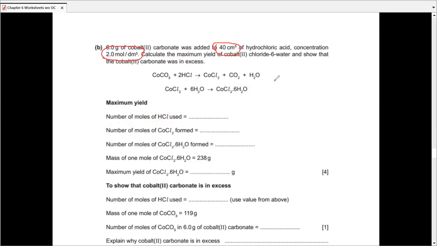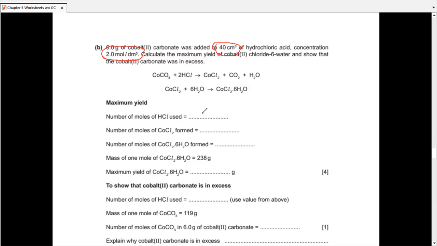Go with the same formula that we applied in the previous question. Concentration is multiplied by volume, but volume is to be divided by 1,000 in order to get the answer in decimeter cube. So you would get your answer for number of moles used. I think this should be easy, okay?